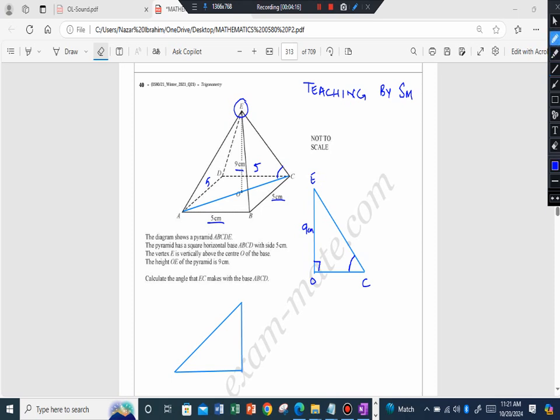So if I name it first, this is A, this is C, and this is B. What I know over here is that OC is basically half of AC since it's a square, right? So OC is half of AC. If I calculate AC, I can calculate OC as well, which is required over here, right? So let us see which dimensions we have. AB is 5 centimeter and BC is 5 centimeter as well, right?